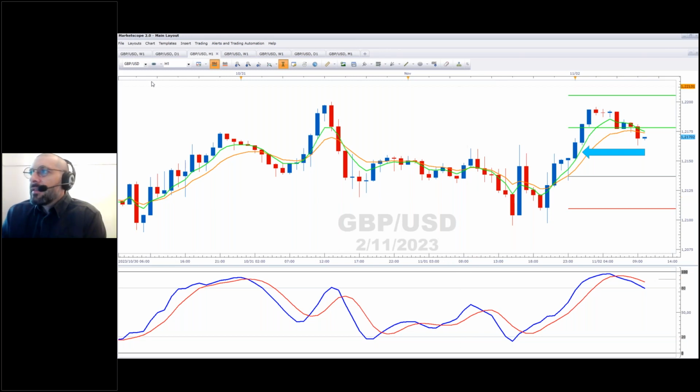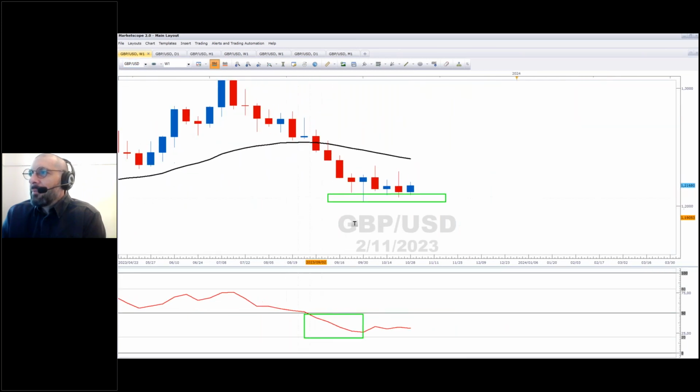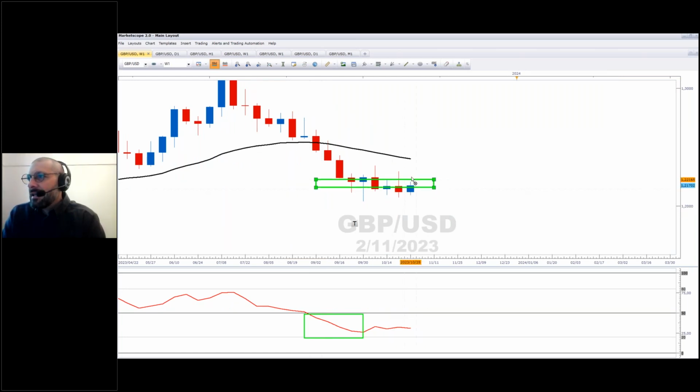The idea here with the cable pairing, it's not quite as responsive as we would like. It's also moving in the sideways pattern as the dollar is.